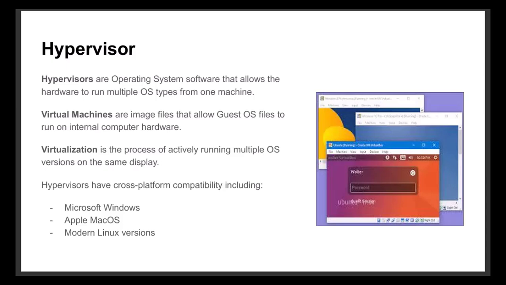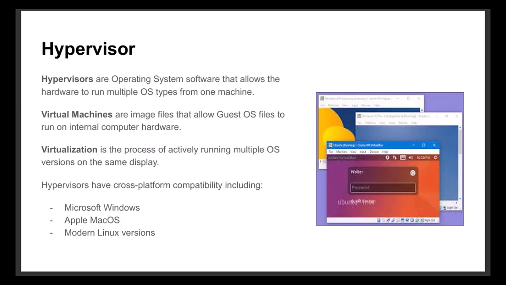We call the different operating systems that run on a device virtual machines. These are going to be software-based versions of different operating system environments. With a hypervisor, we can manage all of the different virtual machines that are running on a single device.